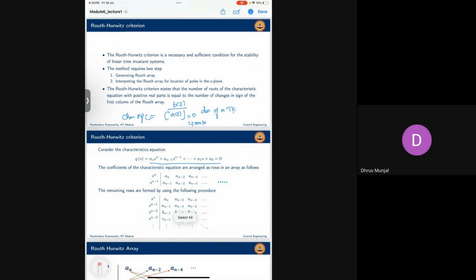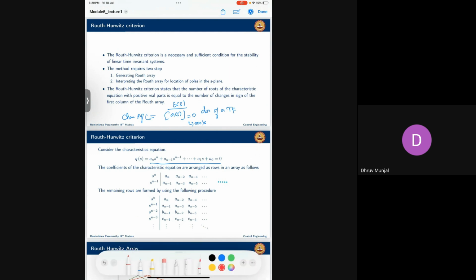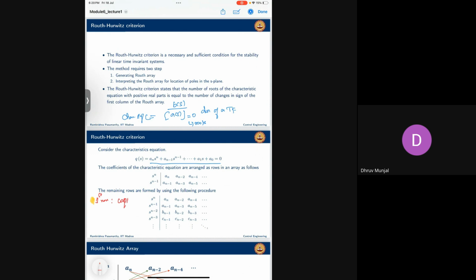The first row should be the coefficients of the odd degree terms. The second row should be the coefficients of the even degree terms.